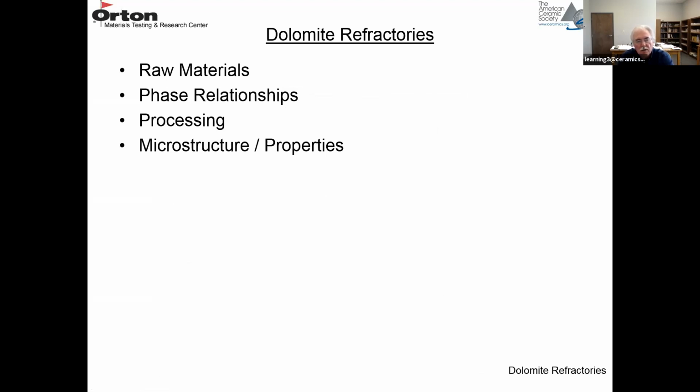So MgO is a relatively more expensive refractory material. Dolomite is a relatively cheap material, present in mineral deposits, and there's quite a bit of it in this country. So it's a relatively cheap raw material.